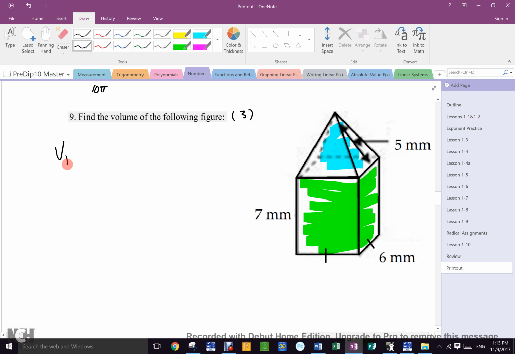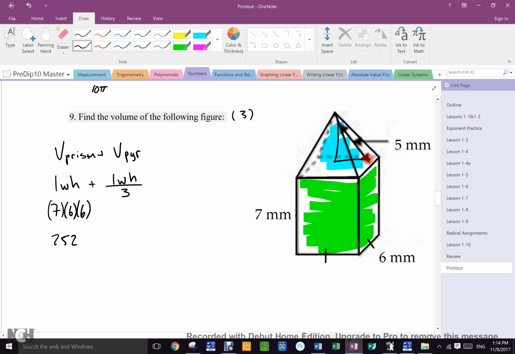This is the volume of the prism plus the volume of the pyramid, which gets the total volume. Prism is LWH. Pyramid is LWH divided by 3. Right? LWH of the green is 252. This one, do you know the height? Yeah, you do.